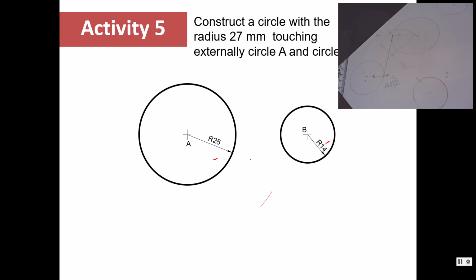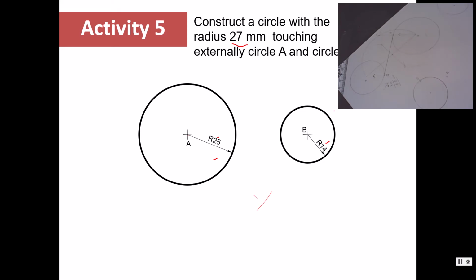So the first thing is to find the center point of the circle that we want to construct. And if you notice, the circle has the radius of 27. So if we want to draw the circle, the center point from point A should be 25 plus 27, and then we're going to get this arc.